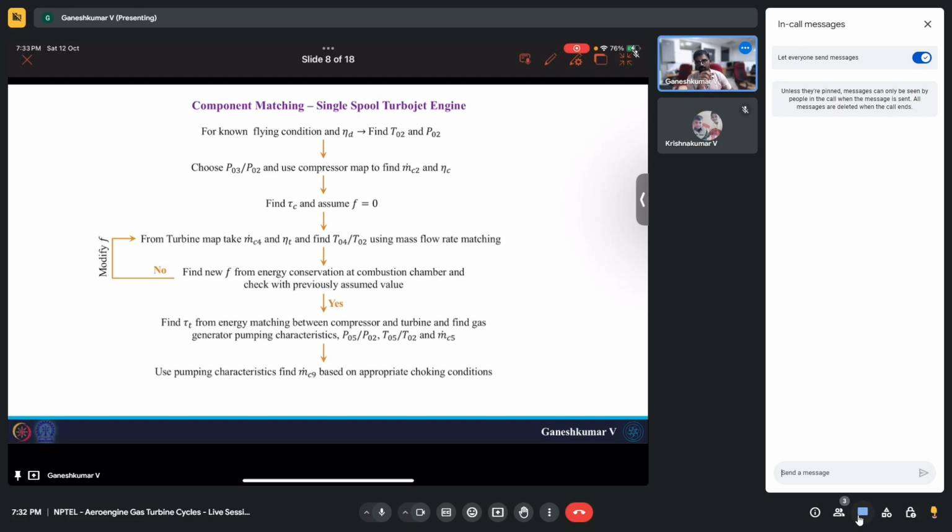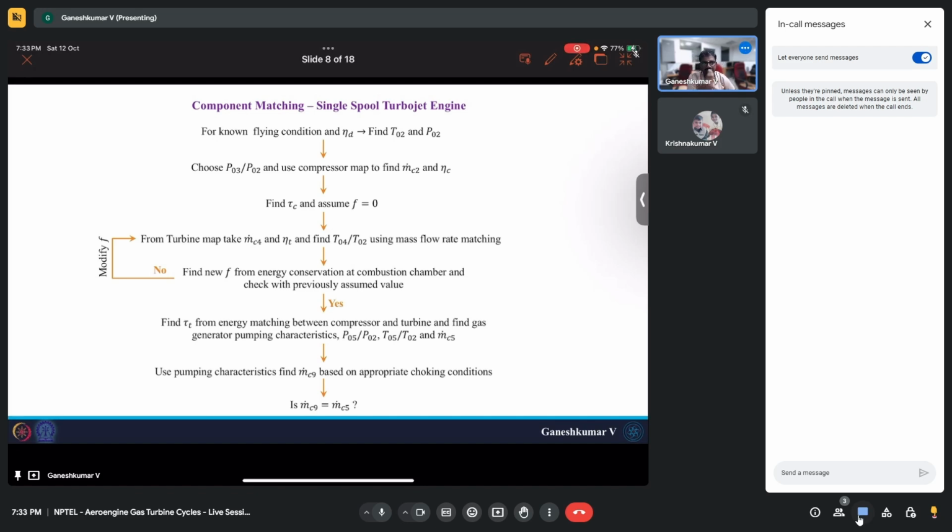How would you do it? You use the pumping characteristics, and based on the appropriate choking condition you find the pressure ratios, and then you find m dot c9. Okay, so now this is the mass flow rate going out of the nozzle. Now you check whether this mass flow rate which goes out of the nozzle is the same as the mass flow rate that we got at the turbine exit, and if these two are the same, then you are good to go.